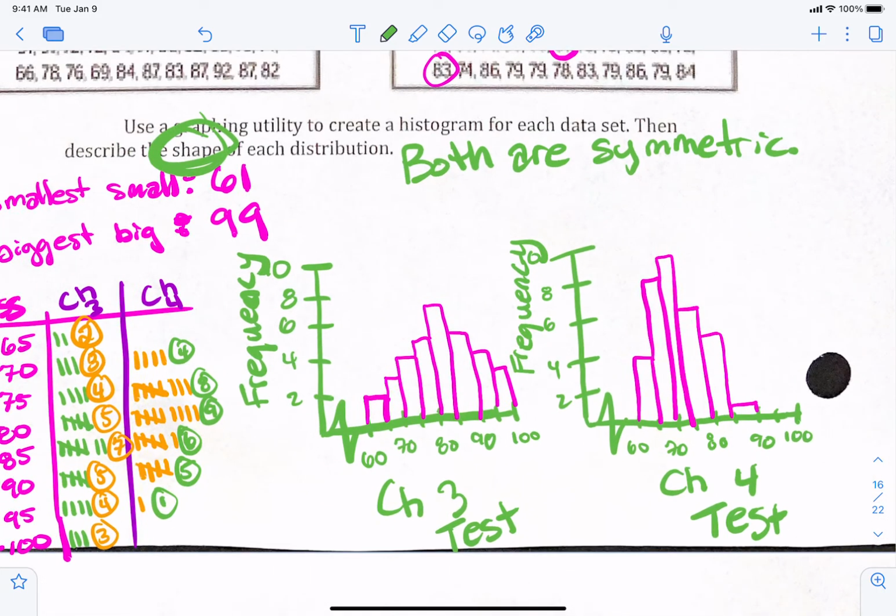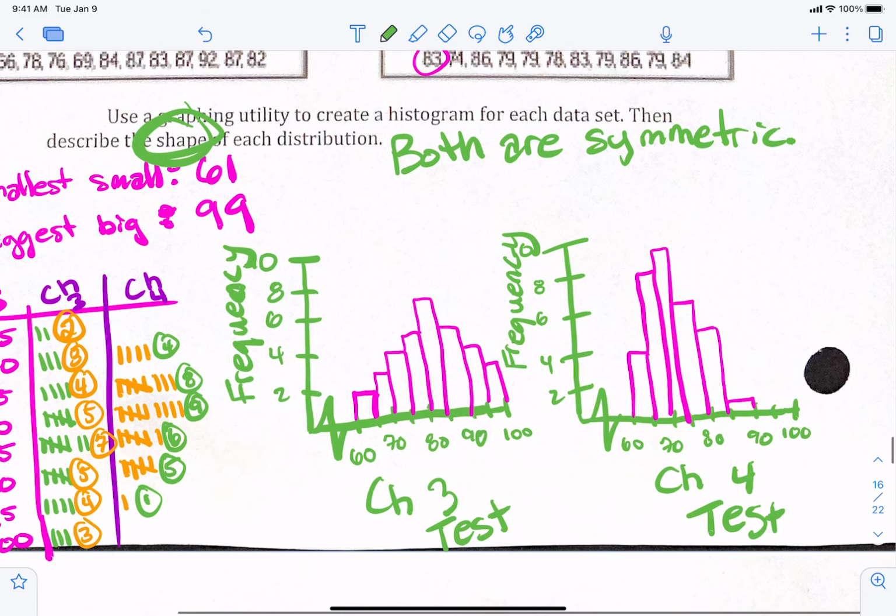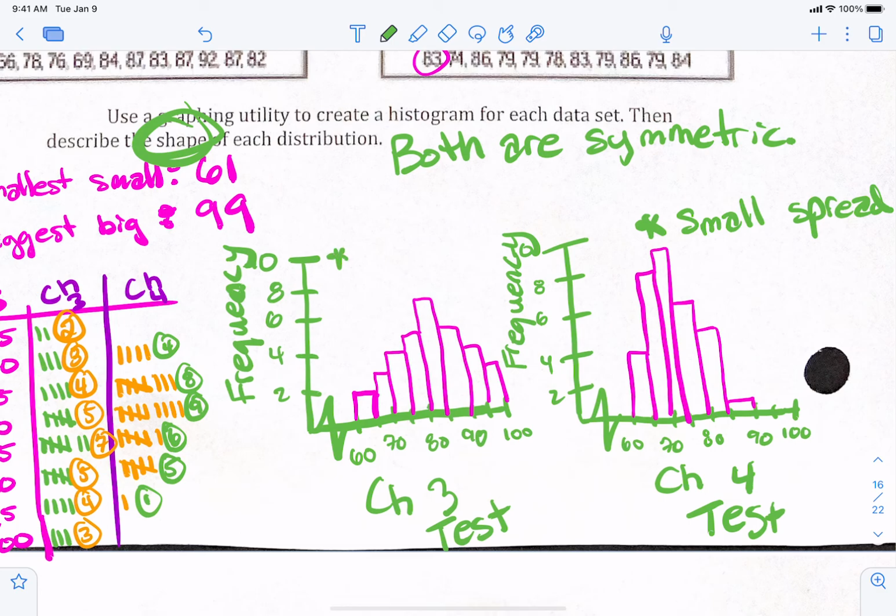If we're comparing chapter 3 and chapter 4, what do we know about them? In chapter 4, the scores are more consistent. This one has a smaller spread of scores, and this one has a larger spread.